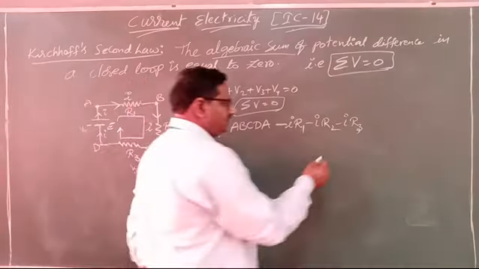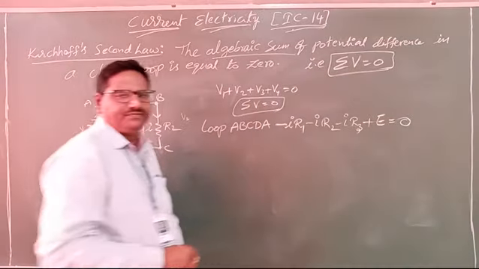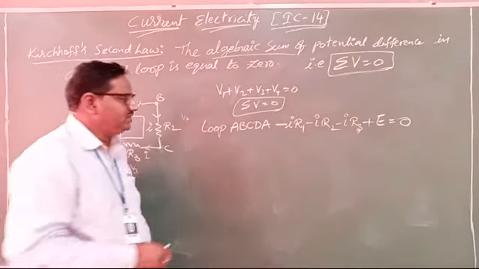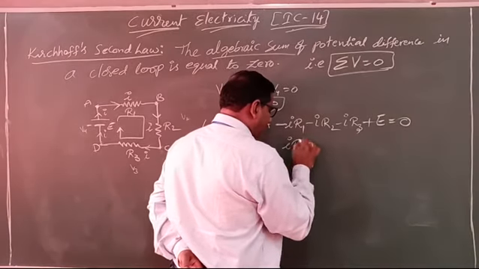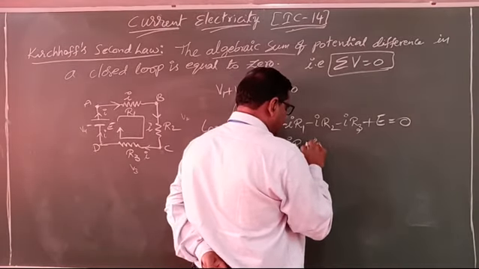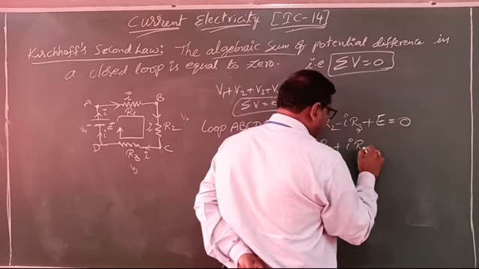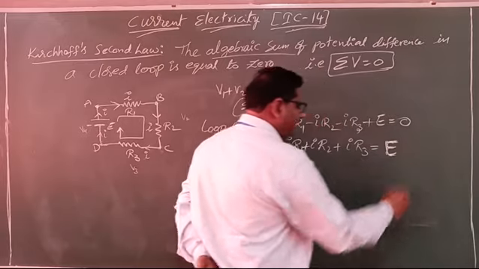That means plus E, that is equal to 0. This is called the algebraic sum. Now taking all the minus terms to the other side, IR1 plus IR2 plus IR3 is equal to E.